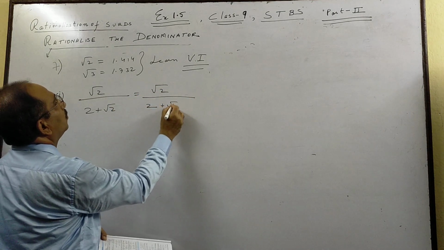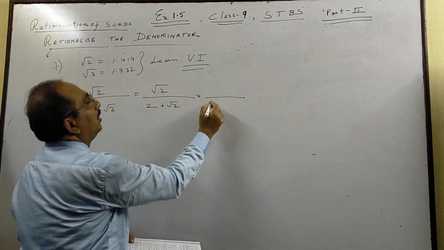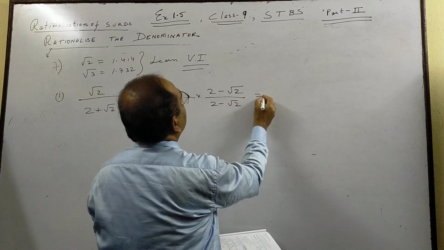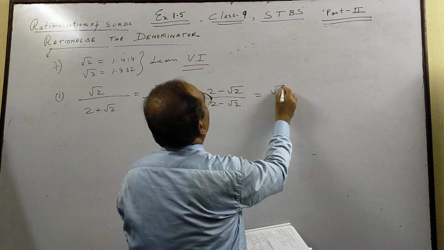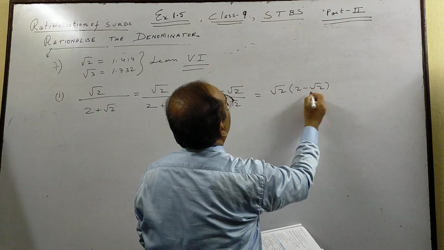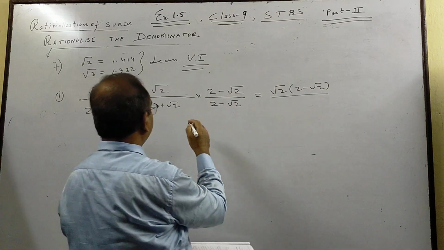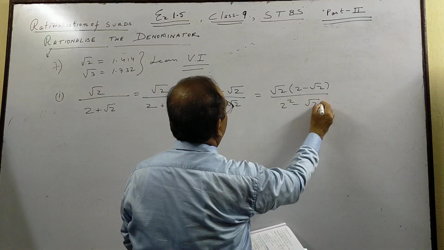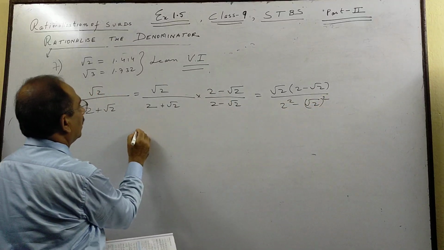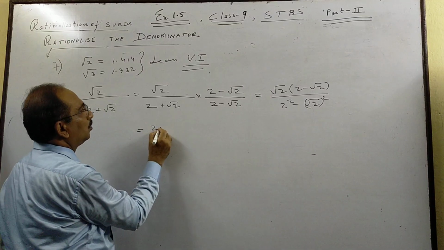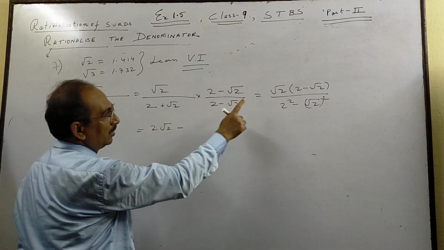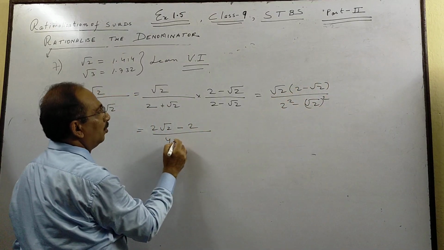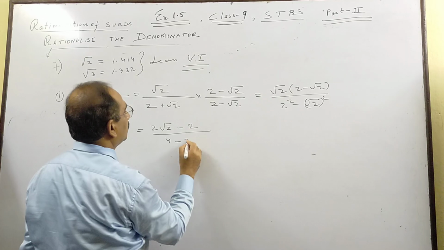2 plus root 2. I told you, see down, take 2 minus root 2. What you take in the denominator, the same thing you take in the numerator: root 2 into 2 minus root 2, by 2 square minus root 2 square. So finally what we get, 2 root 2 minus root 2 into root 2 is 2, and here we have 4 minus root 2 square, which is 2.